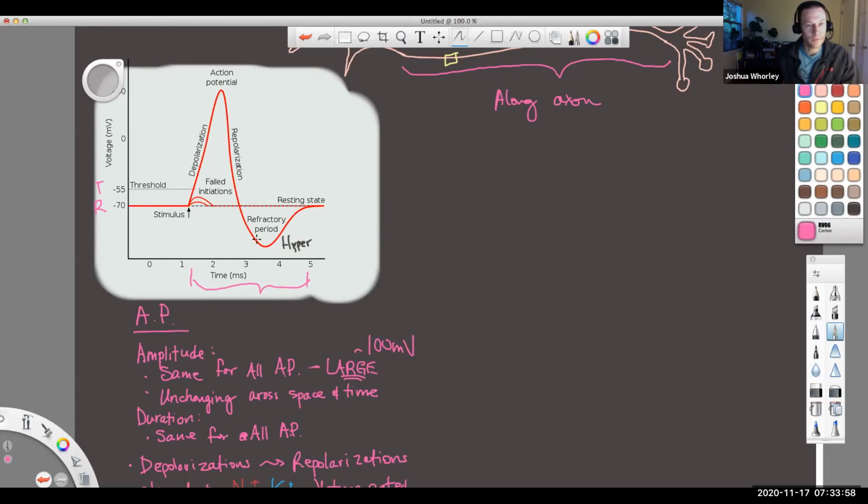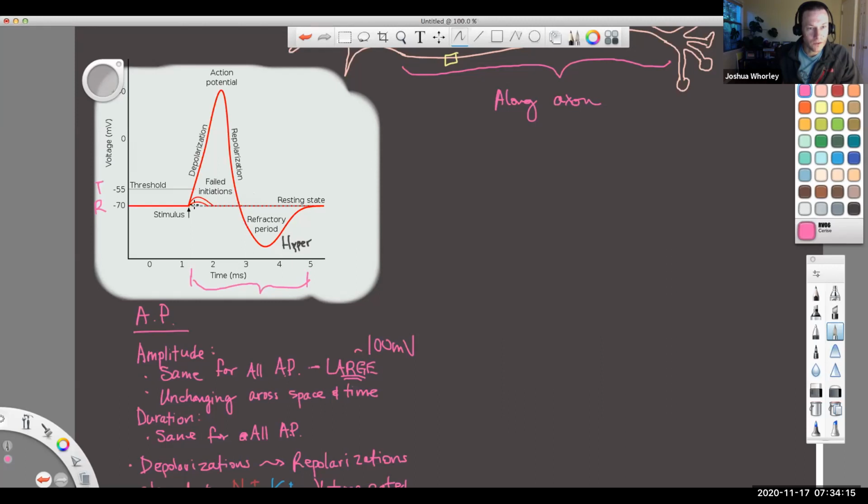At this point the sodium channels are reset and could open again if another depolarizing stimulus came, but it would have to be a supernormal depolarizing stimulus, because if the membrane potential is here, we'd have to get all the way back up to threshold.